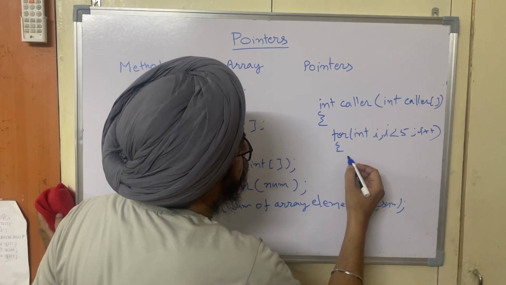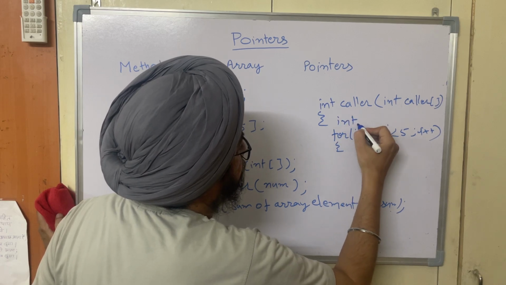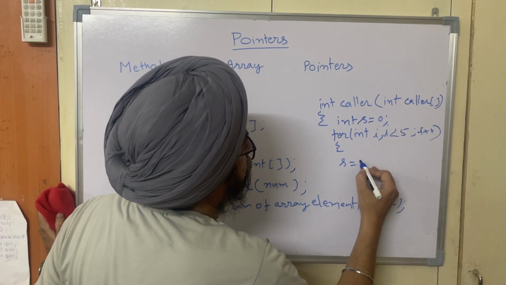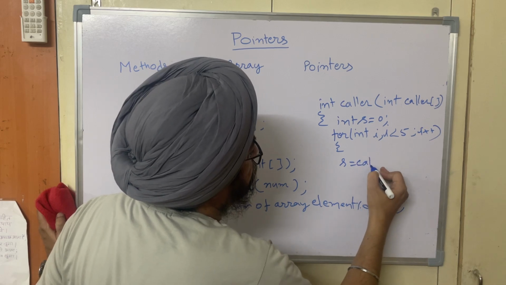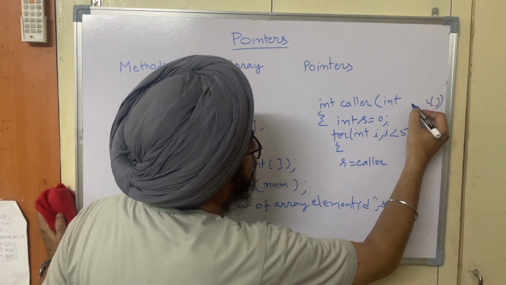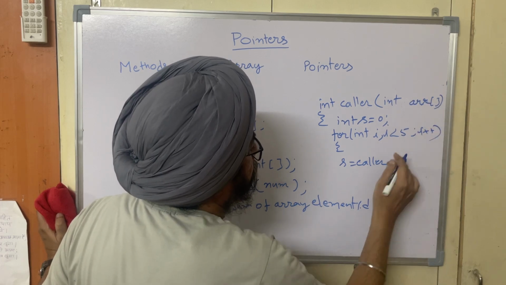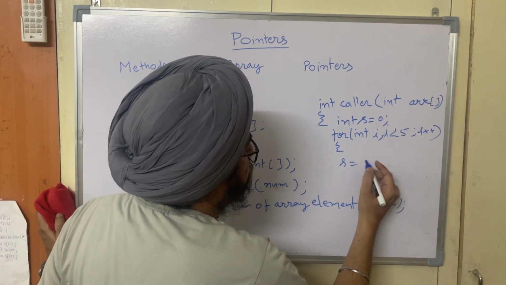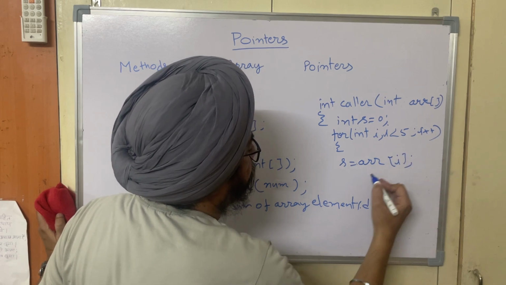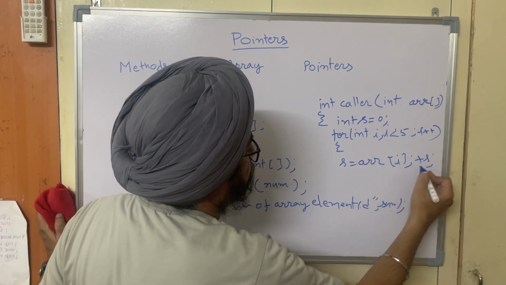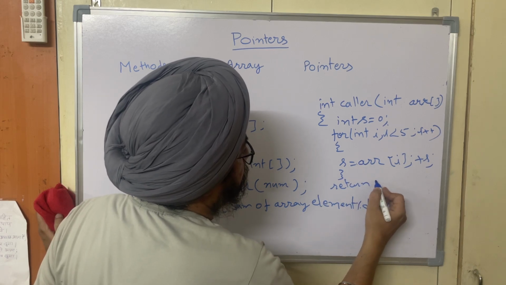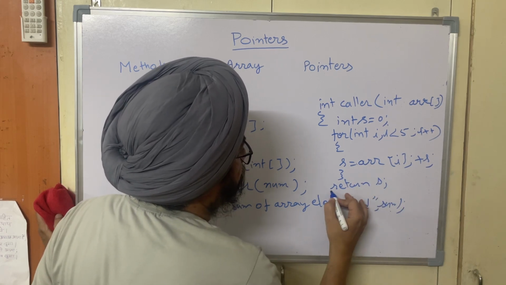Suppose I am using int s = 0, and s equals arr[i] plus s, and then it goes to return s.